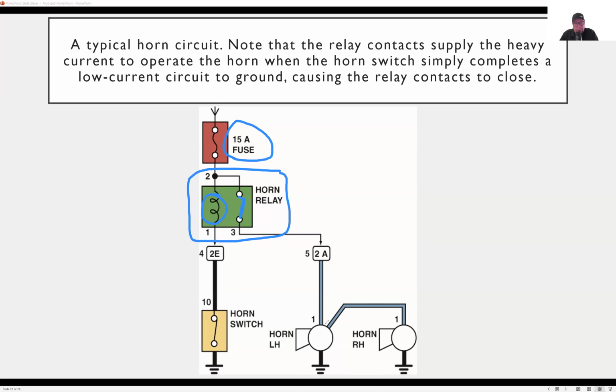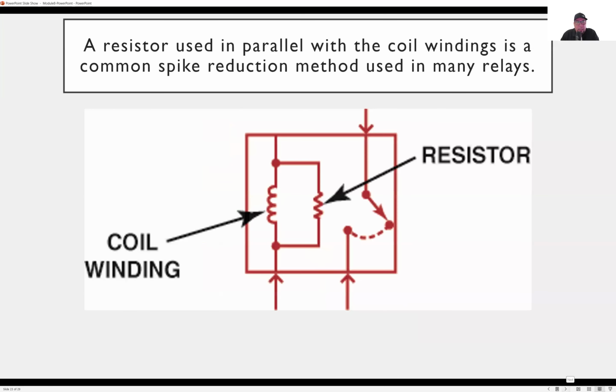To us, it's instant, but it is happening very fast. Once the relay is turned on and the circuit is closed, then the horns will activate. The horns are grounded by the chassis. Again, we're going to get more into this, but for now we just want to concentrate on the wiring diagrams, how to read them, and understand some of the components in them.